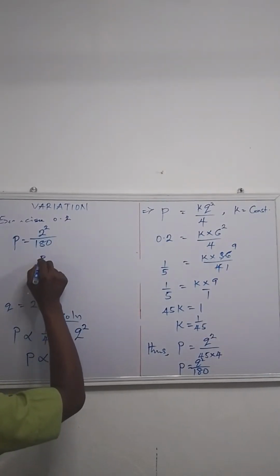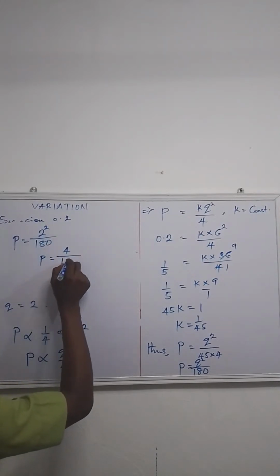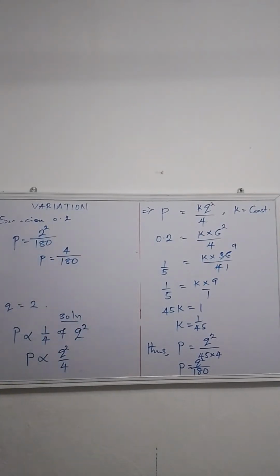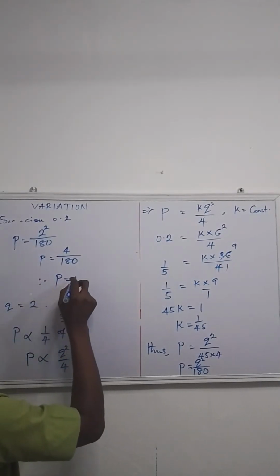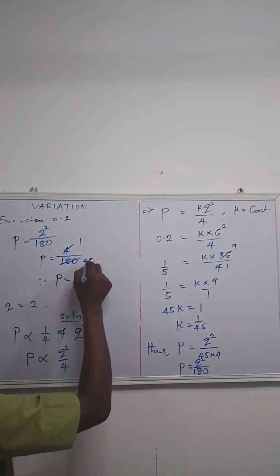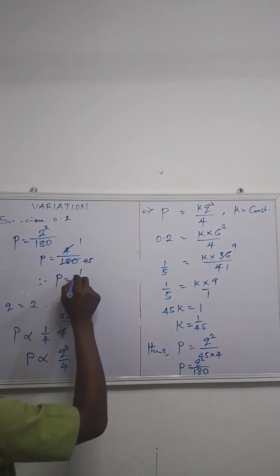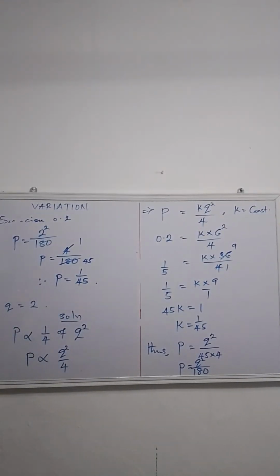And then P equals 4, since 2 squared is 4, over 180. Therefore P equals, 4 goes into 4 once, and 4 goes into 180 forty-five times, so that will be 1 over 45. So that's going to be the value of P.